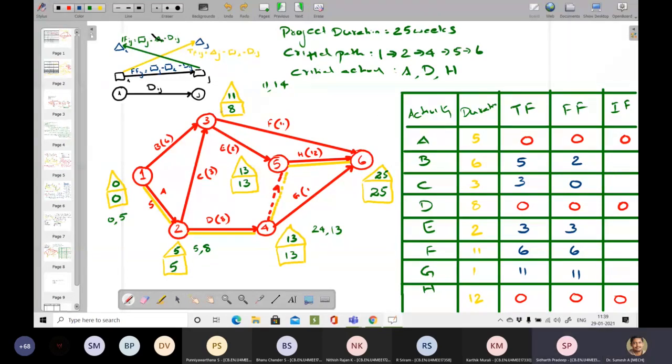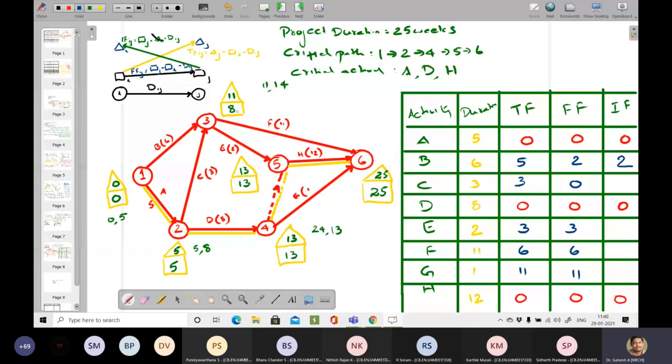In yellow, you have written something. What is that, sir? That is total float. Total float value I already calculated there. So 8 minus 0, 0 minus 6. So 8 minus 6, the first value is again 2.